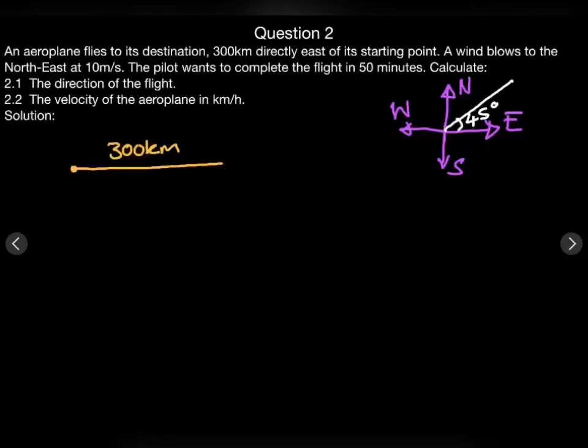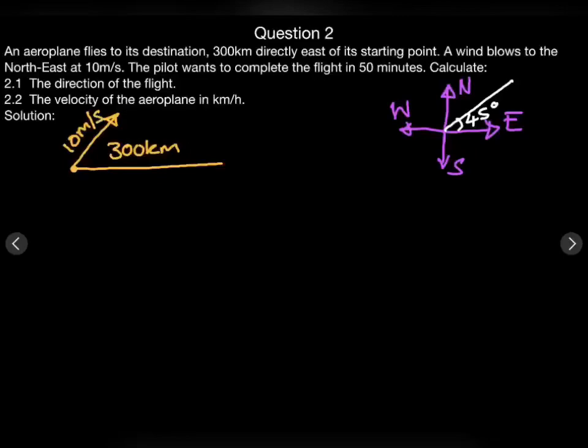And we also have wind which is blowing at 10 meters per second northeast. Remember, for northeast we say the angle is 45. So we have wind that is blowing at angle 45, and the velocity of that wind is 10 meters per second. All right, that is the information we have there.